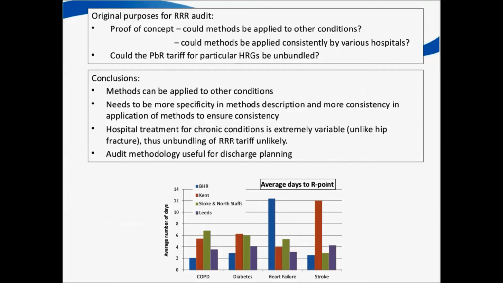And could the PBR tariff be split such that an unbundled RRR portion of that tariff could be spent within a different care setting?